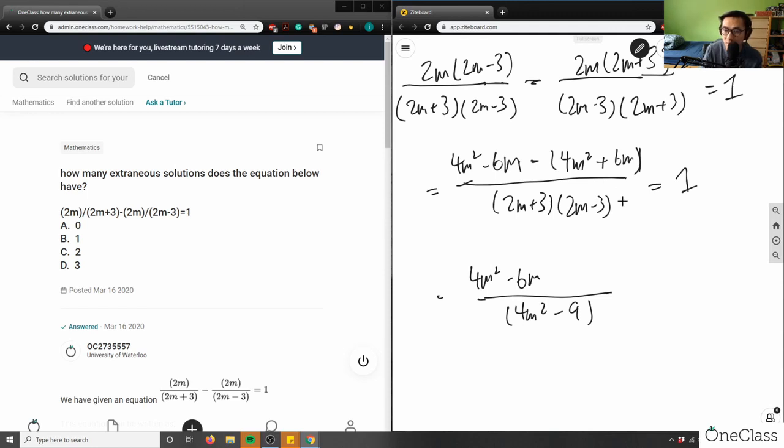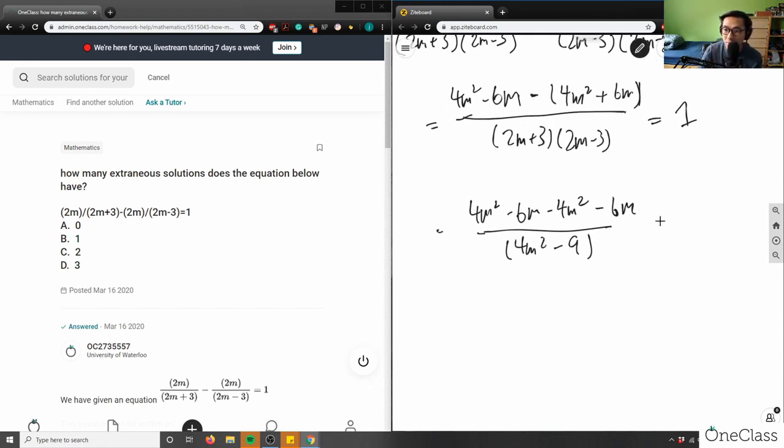So this here is now minus 4m squared, minus again 6m here, right? I'm breaking down this bracket. This negative applies to this entire bracket here. So this here equals 1. And then I can see that 4m squared and 4m squared cancel out. Minus 6m minus 6m is minus 12m, right?